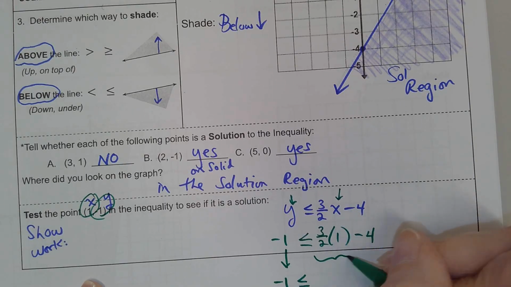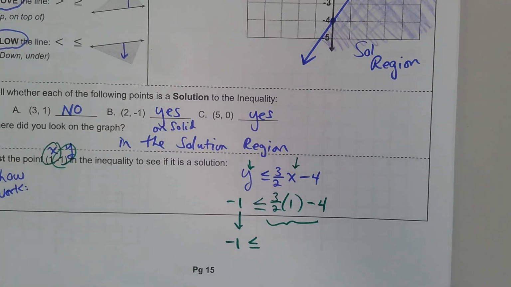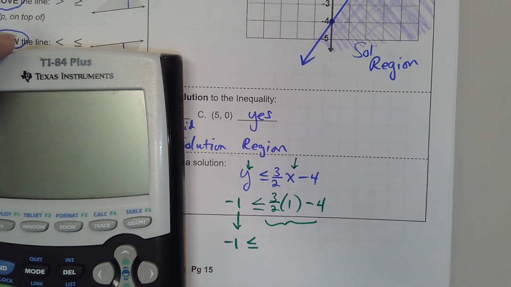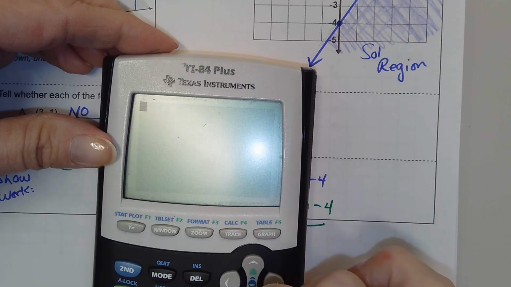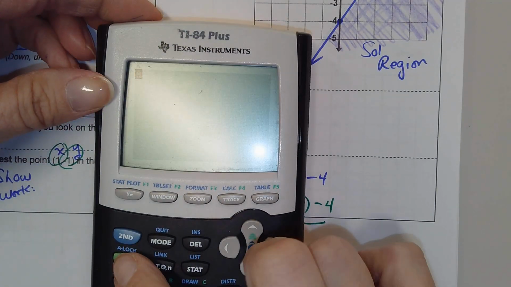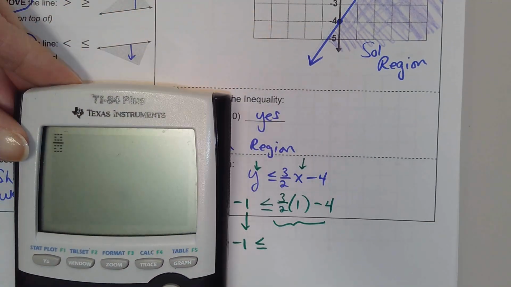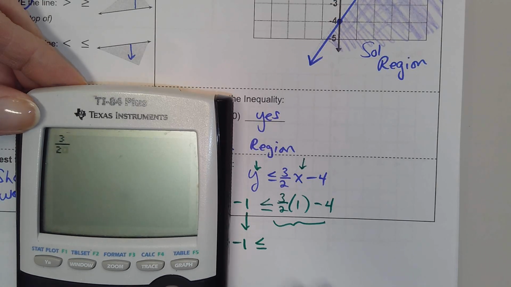And let's use our calculator for that side. So I will get the fraction command. Alpha is green. Alpha y equals. I'm going to put 3 over 2 times 1 minus 4.